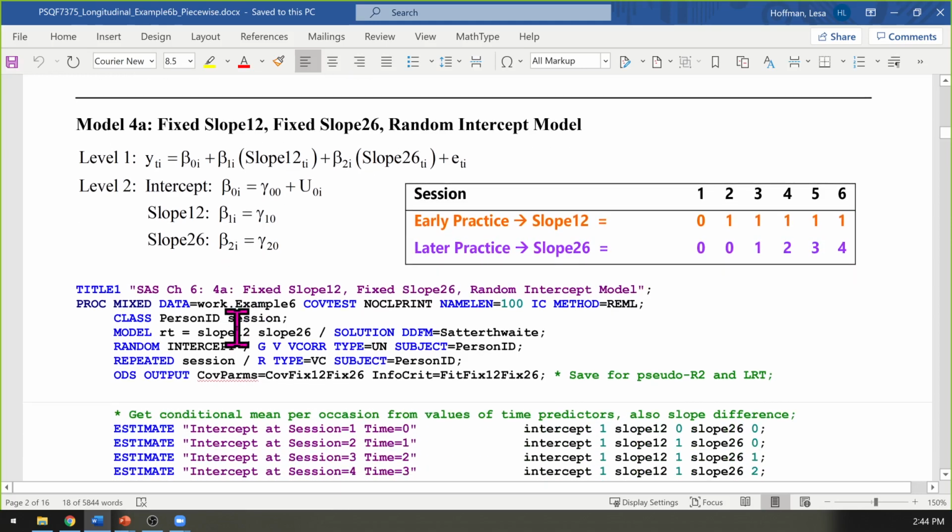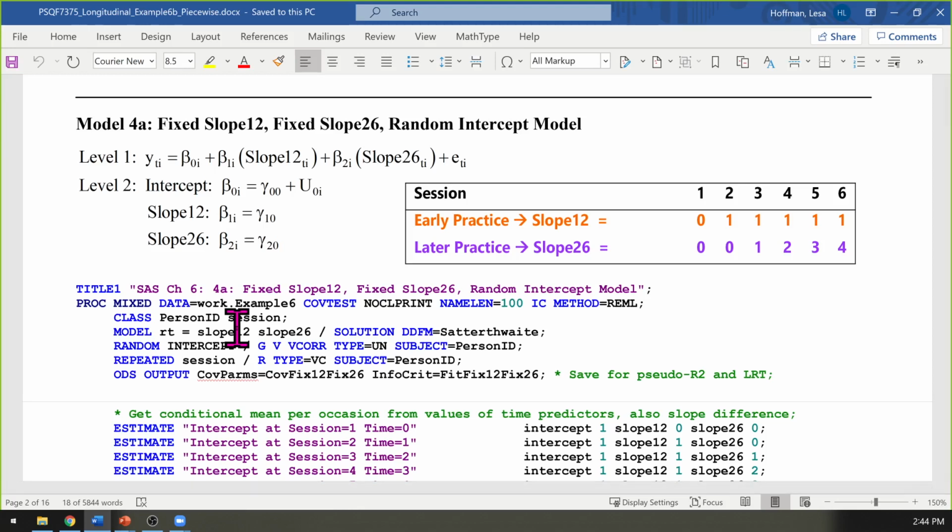Okay. So then my first model here, continuing off from the list before, so that's why it's 4A, because we had 1s, 2s, and 3s in the previous handout. I am going straight to a model that has both fixed slopes, but no random slopes. So previously I had linear time only, and then I added random linear time, and then I had quadratic time, and I added random quadratic time.